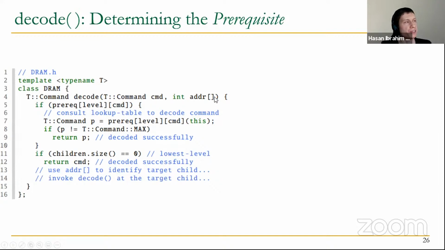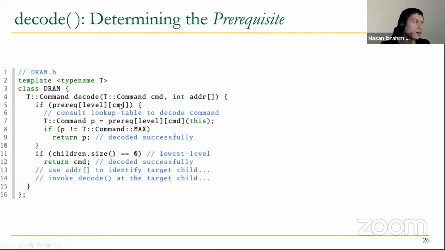And then this is the address to read from. This is an array of integer values, and each value in this array indicates the IDs in different levels of the hierarchy that I showed you previously: from which channel you would like to read, from which rank, from which bank, and which row.